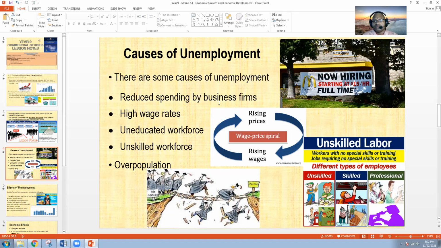High wage rate: when the wage rate is high, wages are very expensive for the employer, and therefore they employ less. Uneducated workforce: unable to employ people because they are uneducated or unskilled. And overpopulation: there are a lot of people but fewer jobs.